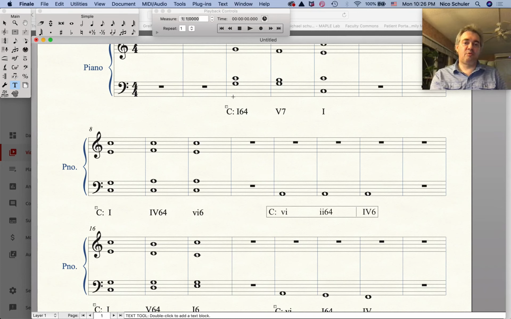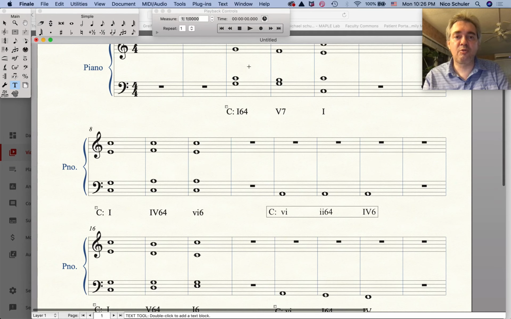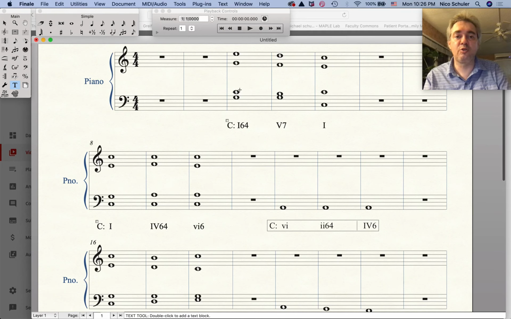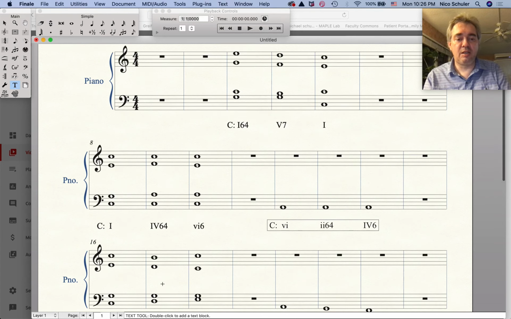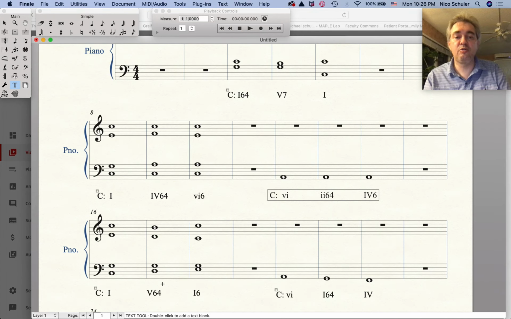And before I let you go, I have to say one very important thing is that the cadential 6-4 chord usually falls on a strong beat or an emphasized portion of a beat, whereby the pedal and the passing 6-4s usually fall on unemphasized portions of measures.